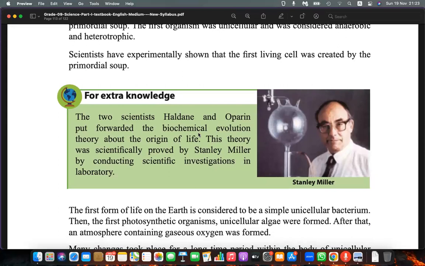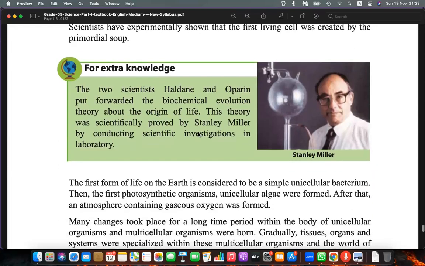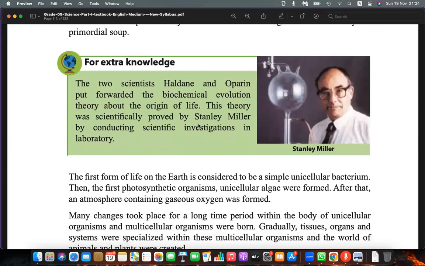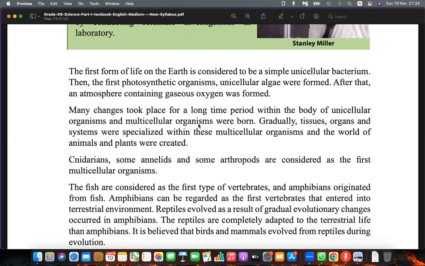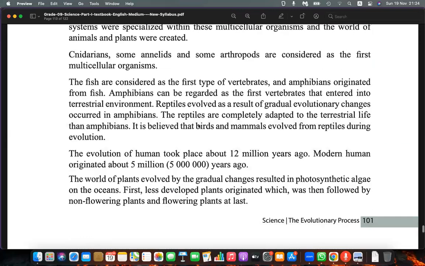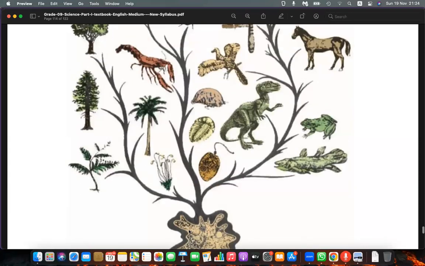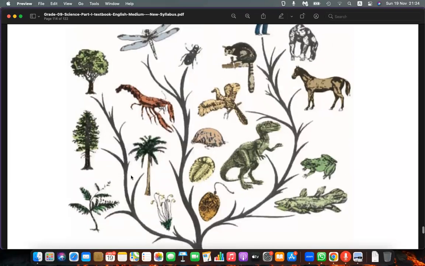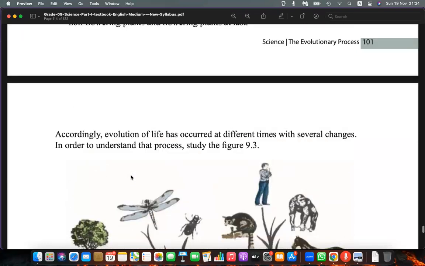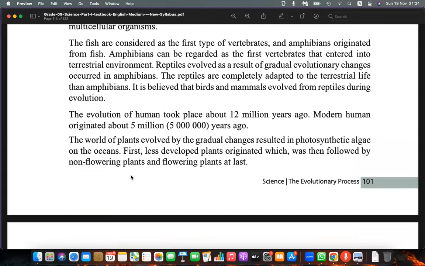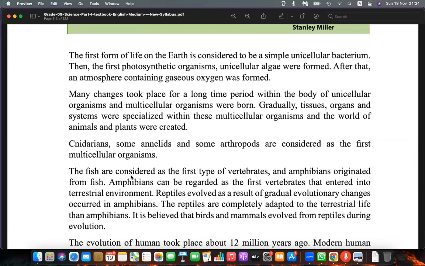This theory was scientifically proved by Stanley Miller by conducting investigations in the laboratory. It is the theory currently believed. So we have learned how this tree began, from microbes to amphibians, arthropods, mammals, trees, plants and different organisms, all formed from these unicellular organisms.